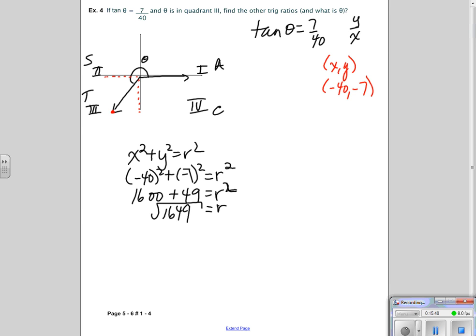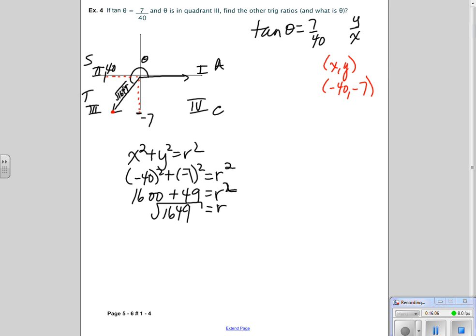So you can see my picture is quite out of whack. It's supposed to be 40 to the left and 7 down. There we are. And this has a length of the square root of 1649. But the picture got me on the right track.